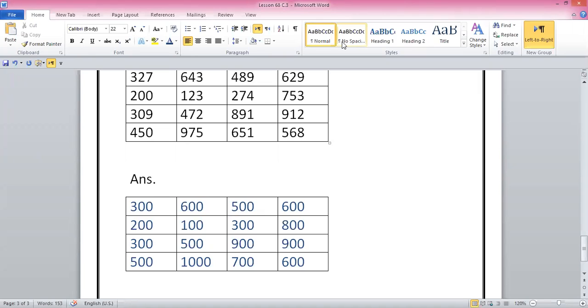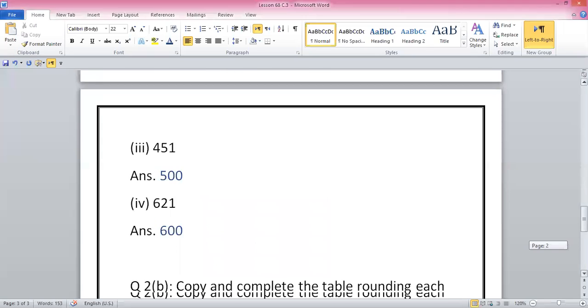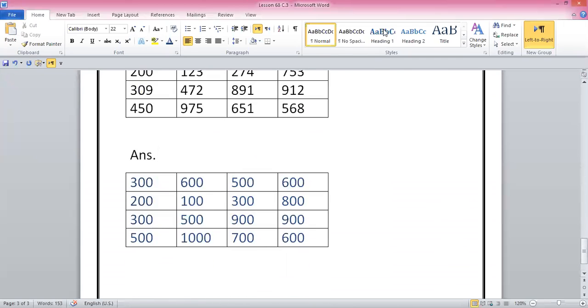So this is your today's classwork. So, sir, rounding makes the number 0? Yes, when you round off any number to the nearest 10 or 100 or 1000, that means you want the figure in zeros, because whenever you have a number in zeros, it is easy to calculate, it is easy to remember.